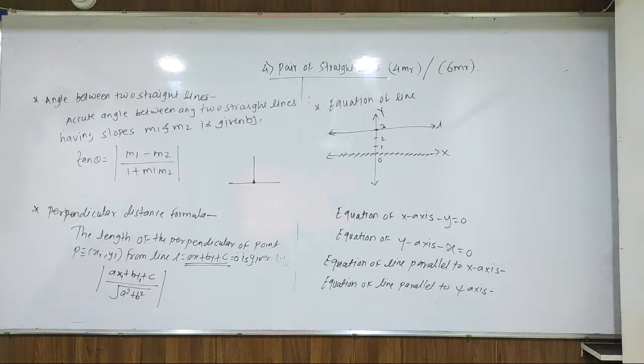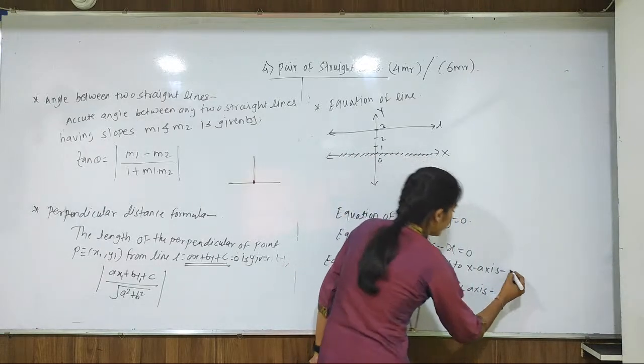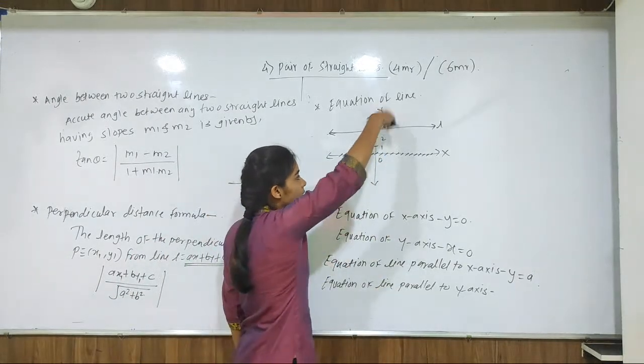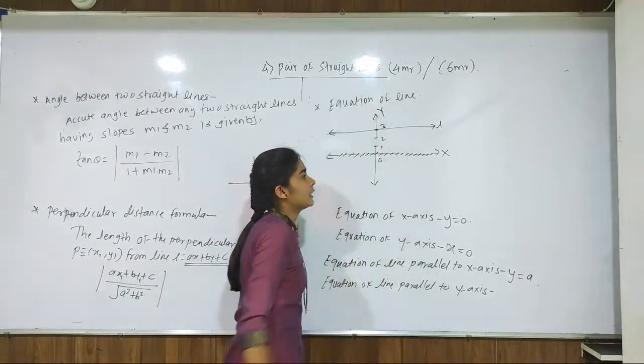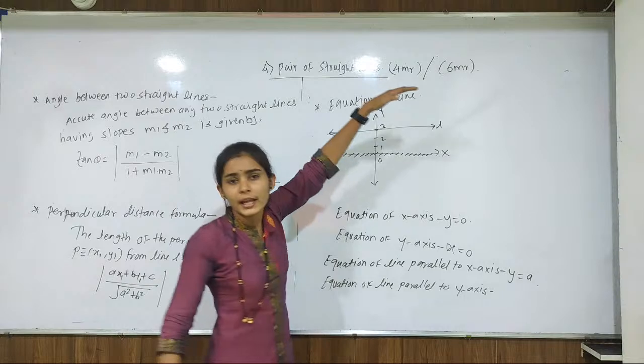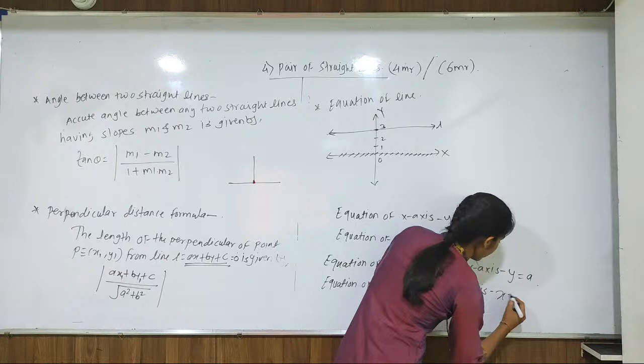What will the equation be? Y equals to 3. Yes, very good. Then the equation of the line is y equals to a. Y equals to a because the value of this y intercept can change, it can be 1, 2, 3, whichever point the line passes through. So y equals to a, and x equals to what?